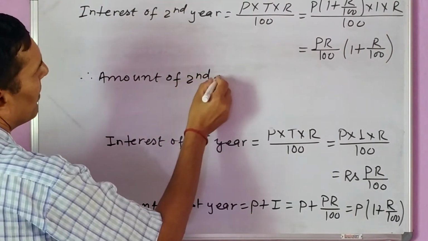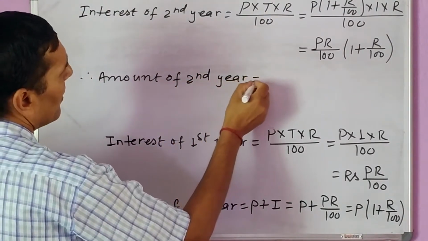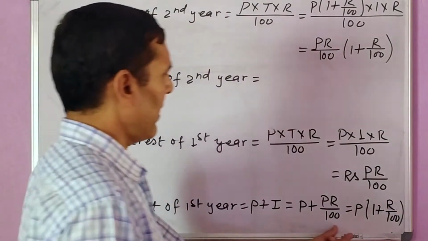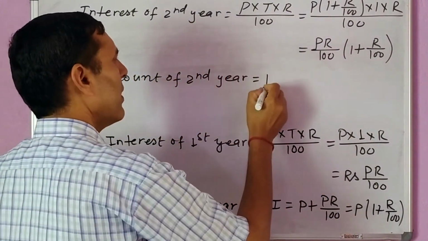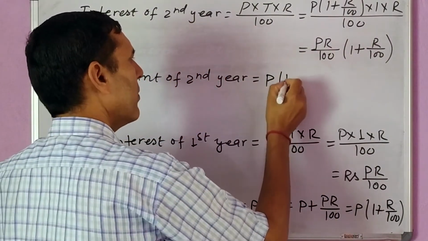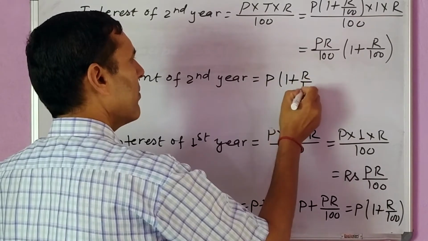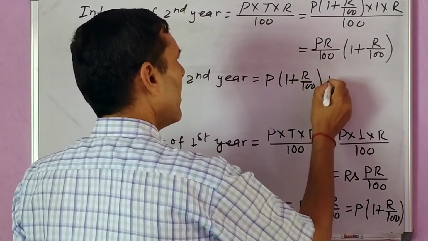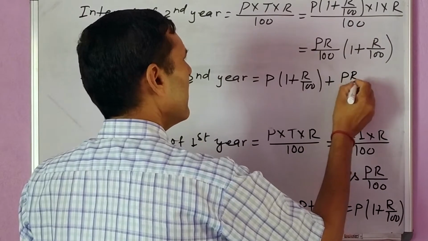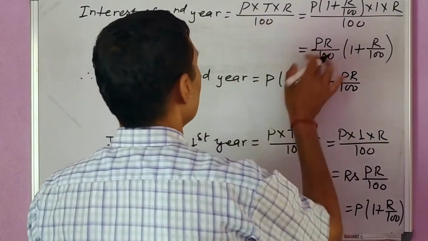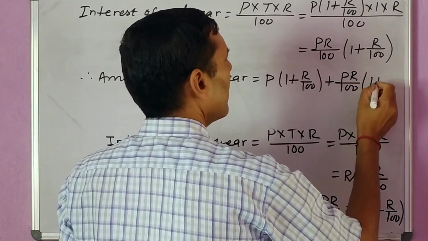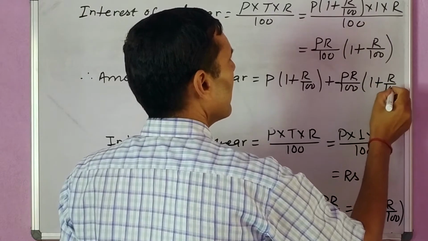We have the principal for the second year, P times 1 plus R upon 100, plus interest is PR upon 100, interest of second year, 1 plus R upon 100.